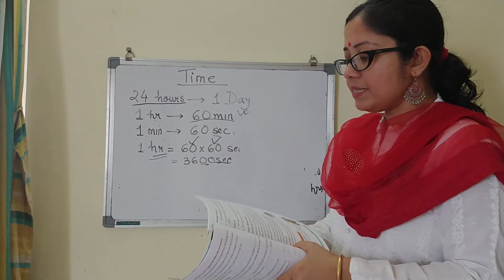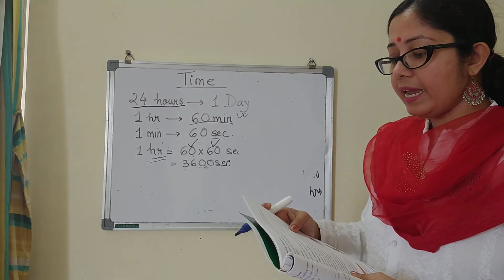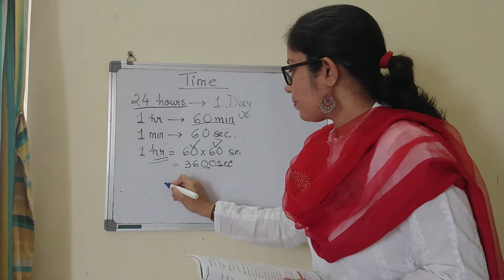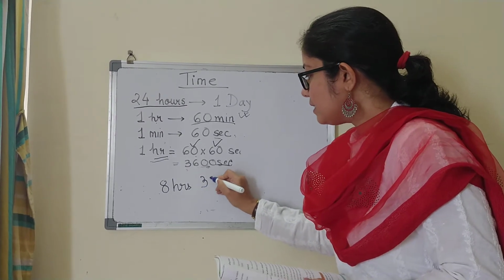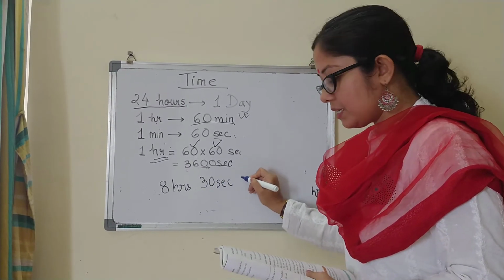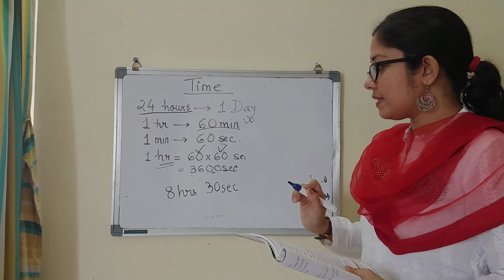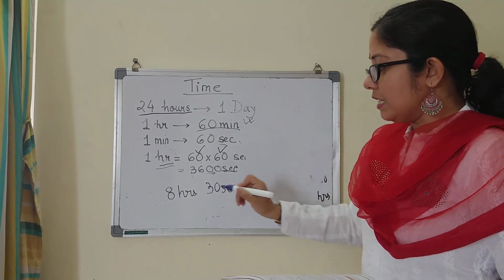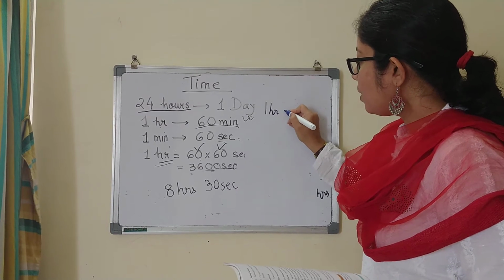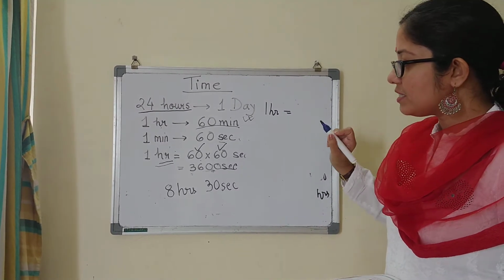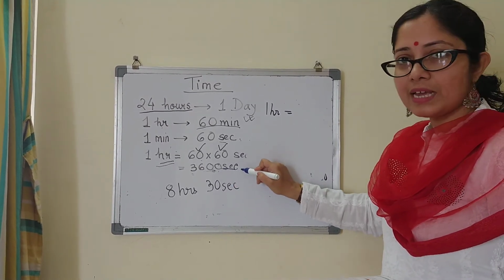Yes, how many seconds are there in 8 hours 30 seconds? Okay, in 8 hours 30 seconds. The question is, how many seconds are there? So it's very easy. Now you know 1 hour is equal to how many seconds? I just said 3600 seconds.